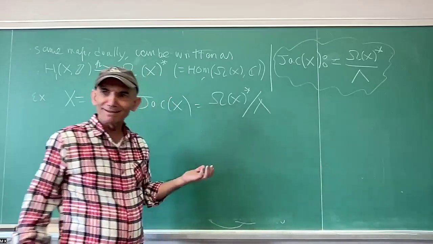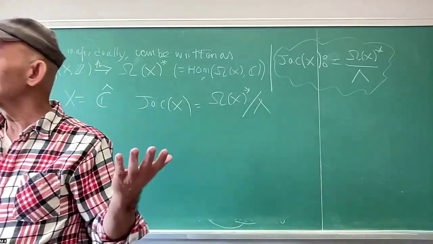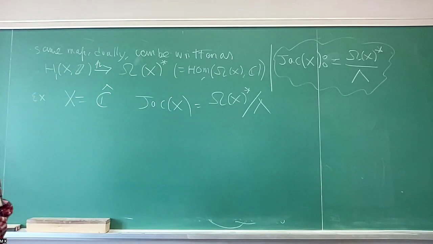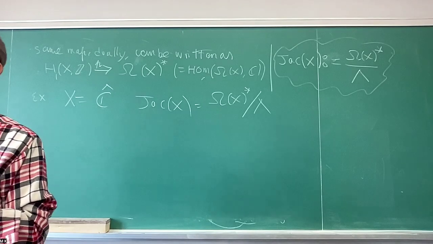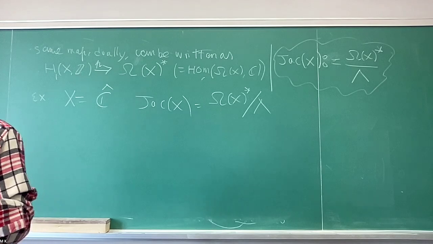But what is omega of X? Oh, yeah, they are not functions. They are one-forms, and they should be holomorphic. What do you know about holomorphic one-forms on C hat? There is none except 0.